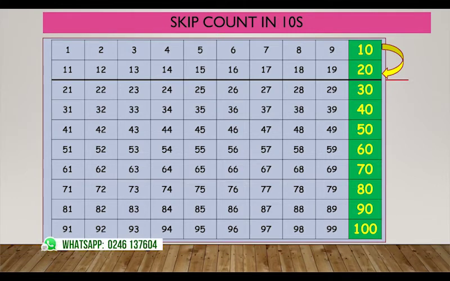You could see that it was a little bit faster than starting from 1 to 100. It made it so easy to count. Instead of us counting from 1 till we get to 100, we were able to do skip counting in tens to start from 10 to our final answer, 100.